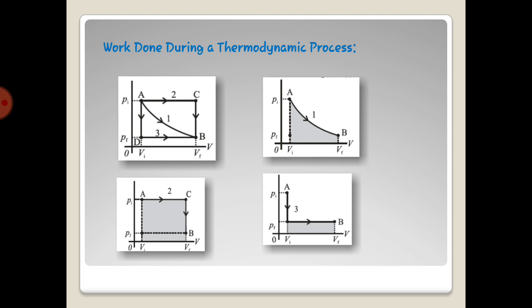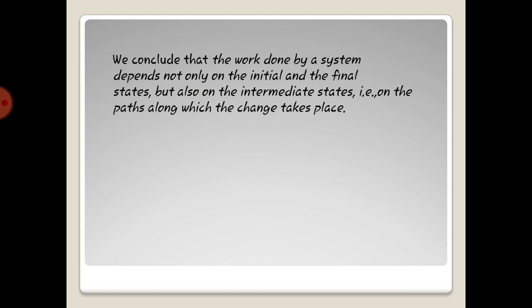Yes, in first case work done, which is area under the curve, is different than second diagram, and that is different from the third diagram. So what you can conclude from all of this? You can conclude that work done by a system depends not only on the initial and final state but also on the path which is followed by the system.